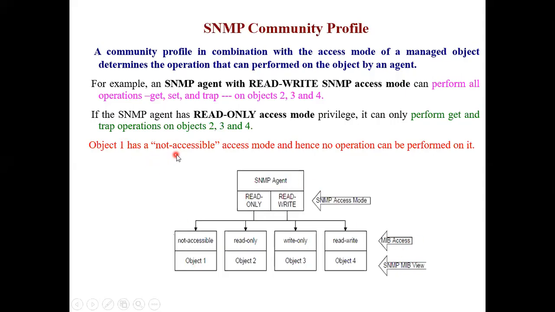Now here object 1 has a non-accessible access mode, hence I cannot read the value, write the value, or do anything. So this particular agent will not be able to access any information of object 1. You might feel, this object is left alone, so how will it be monitored? Maybe a second agent will handle that. These are just 4 objects, but in a network there are many components.